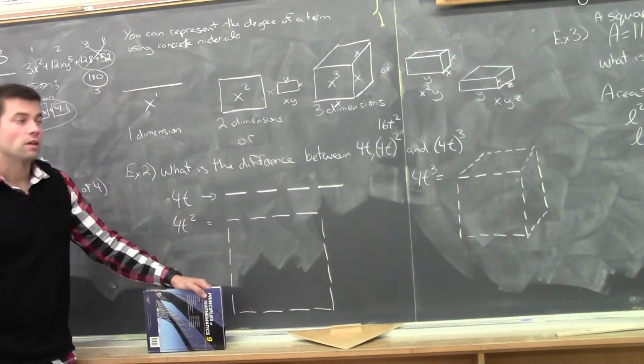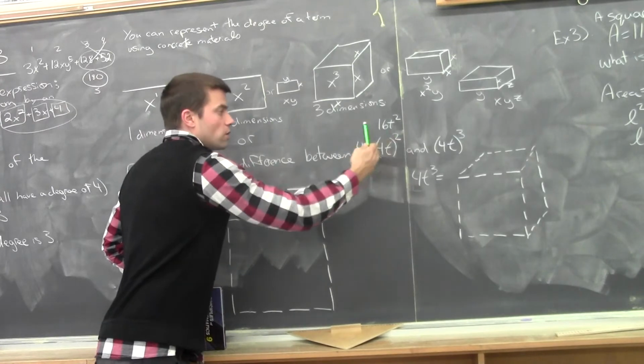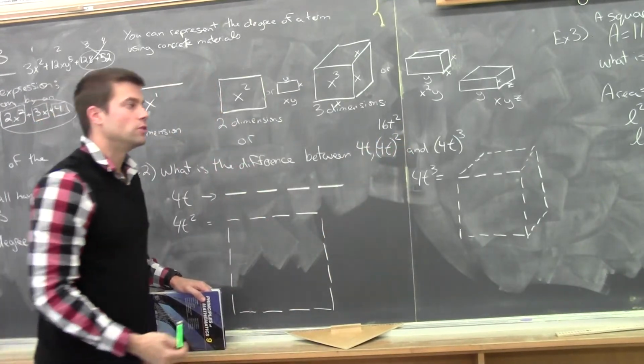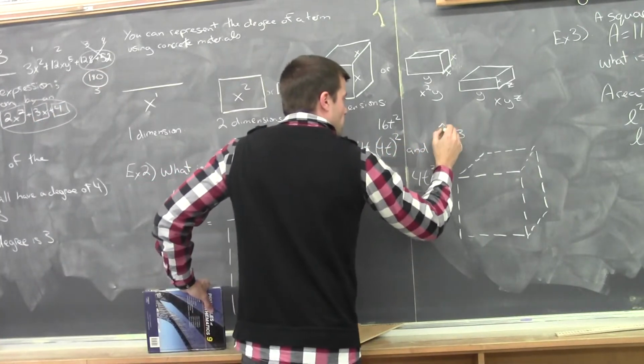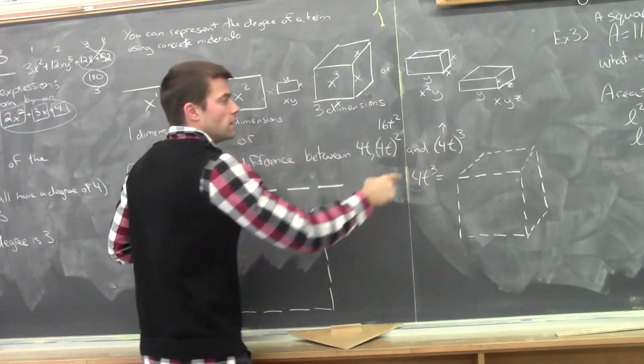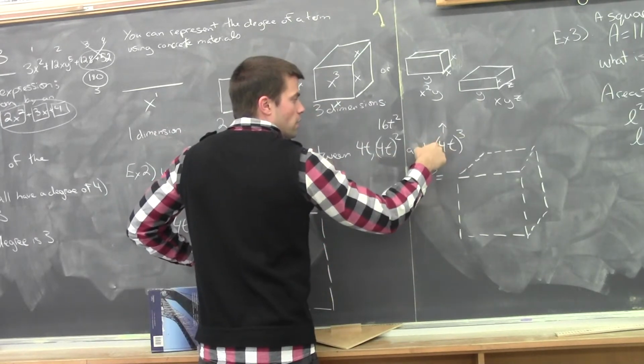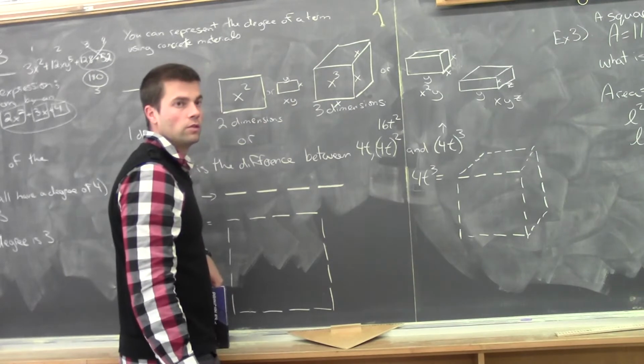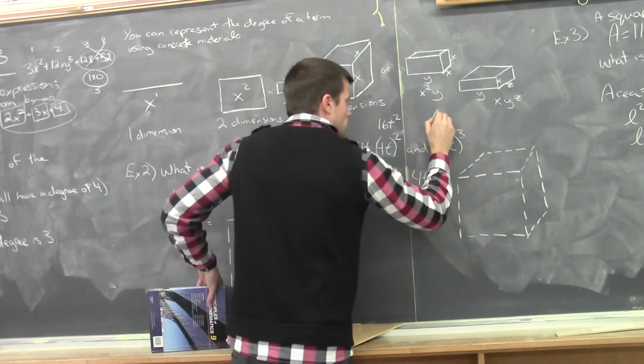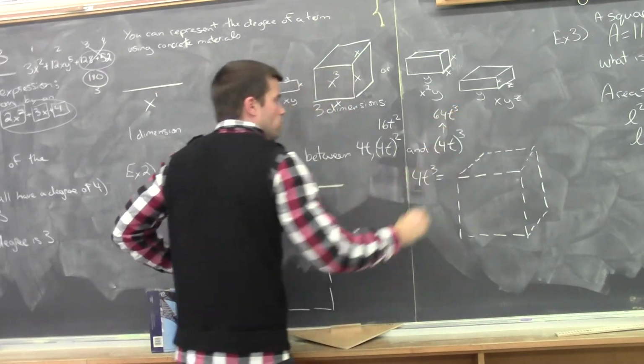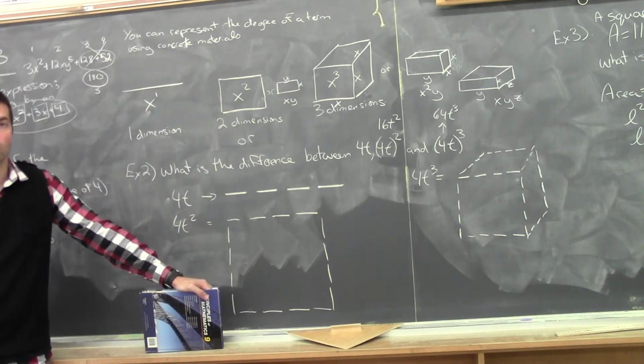The textbook has put it in brackets so that they all look very similar, but you need to make sure that you understand that 4t cubed, that exponent of 3, now also applies to the 4. So this is going to be 64t cubed. Okay? Any questions?